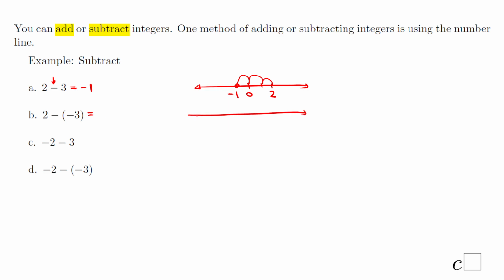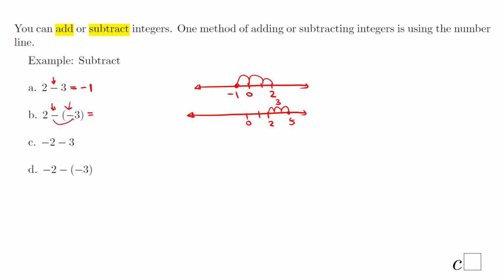The second one, again we're gonna go to 2, and we're gonna move left, but this is another left because it's a -3, so in fact we have to move 3 units right, 1, 2, 3, and that will be 5 here. Very similar to the previous example.